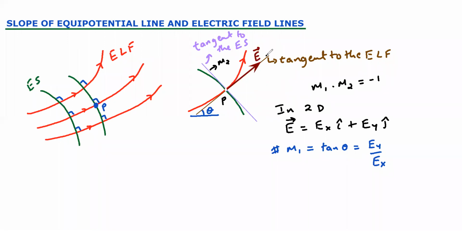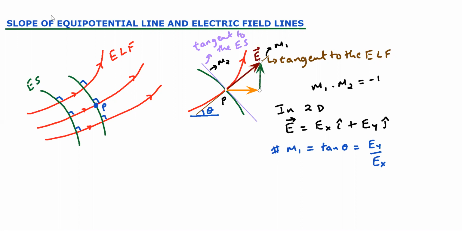This slope is m1. I can break this vector into two parts. This is the x component and this is the y component.